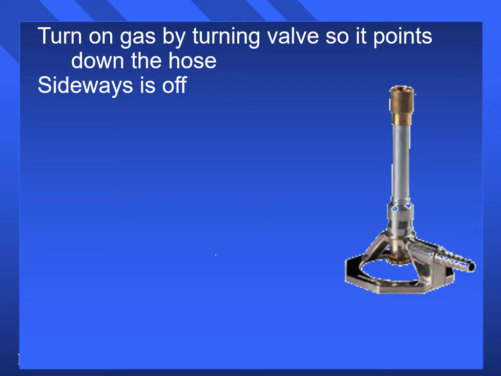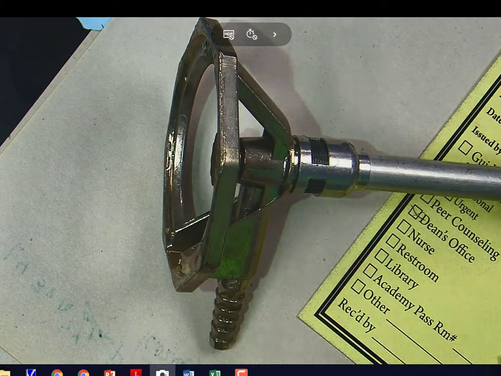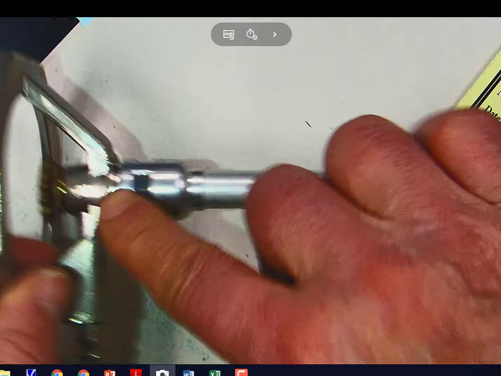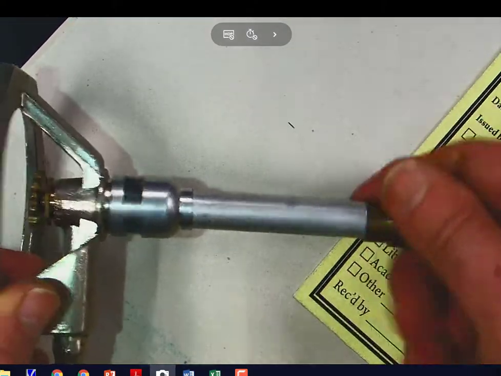The reason it's yellow is because it's not getting a good mix of gas and air. The gas and air don't get a chance to mix till it's all the way up there because this valve right here is closed all the way.